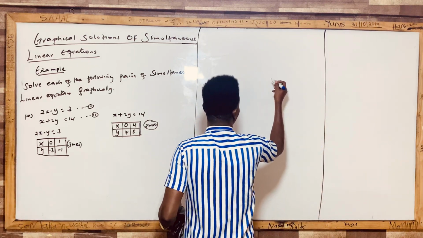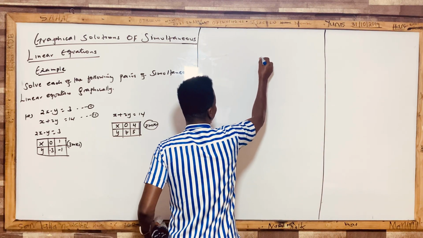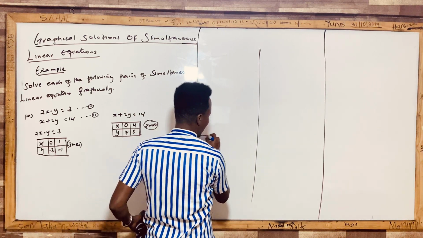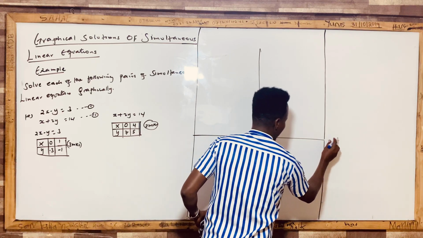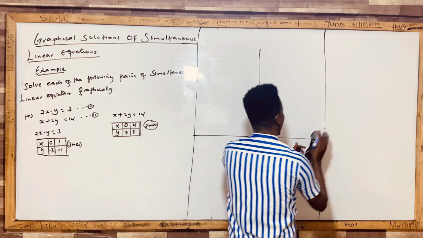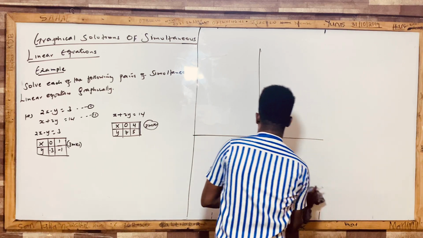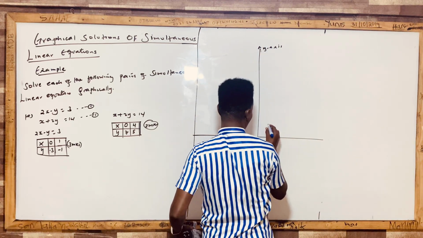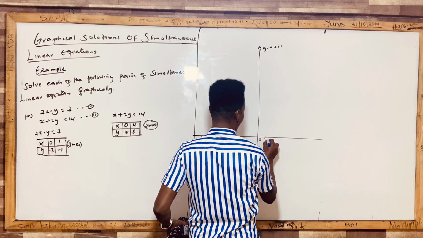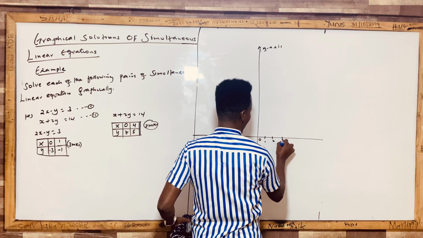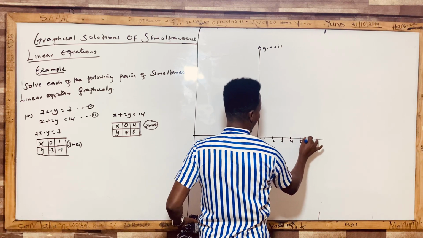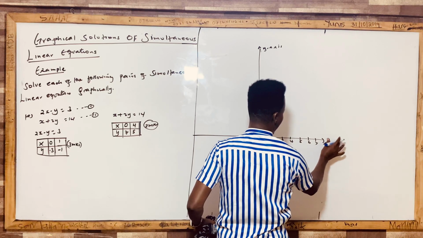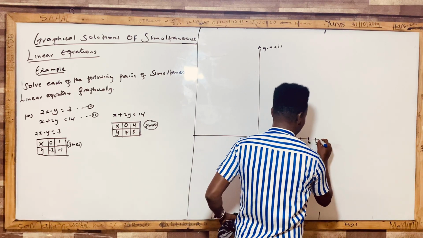This is a straight line, don't forget. Let's say this is the x-axis. Let me wrap this one to avoid confusion. This is the y-axis, marked 0, 1, 2, 3, 4, 5, 6, 7. And this is the x-axis.